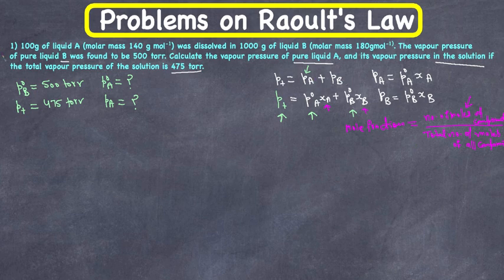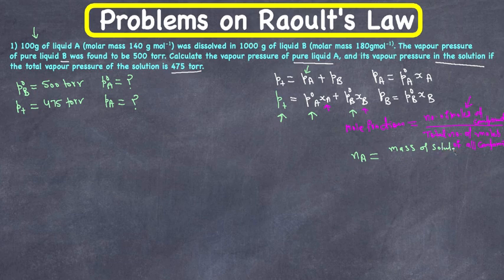Let me write down the formula for how to find the number of moles of a component. Let's say Na, the number of moles of component A, our liquid A, is equal to the mass of this component, or we can say mass of solute, because our component A is in less quantity compared to component B. So this is our solute.